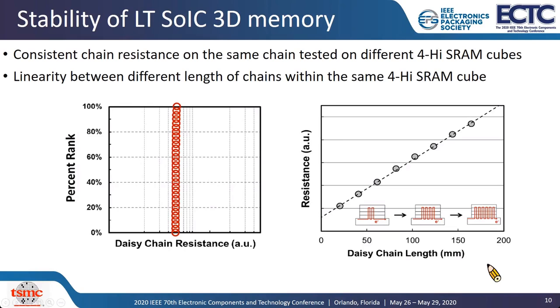Apart from that, in the right figure, we also measured different lengths of chains within the same 4-high SRAM cube, and it shows linear behavior between those chains. The results tell us the uniformity of low-temp SOIC bonding quality across the wafer and the robustness of bonding quality in long-chain connection.